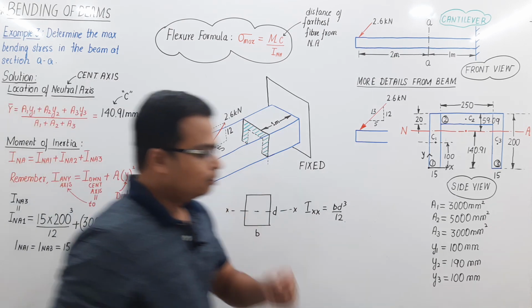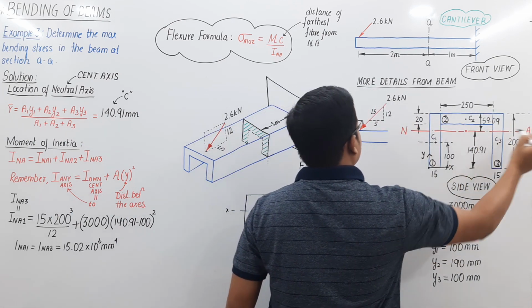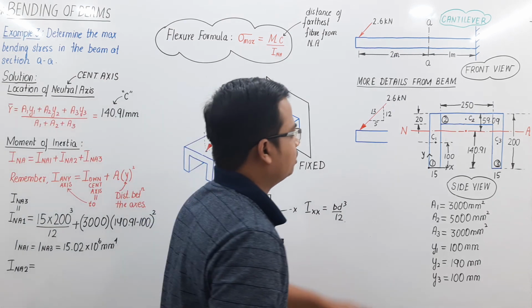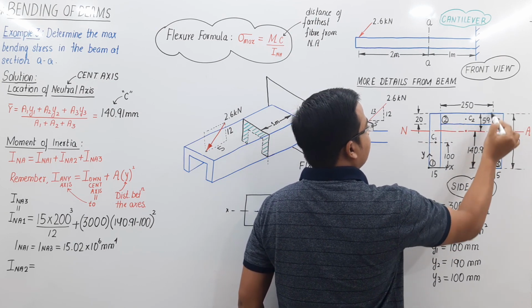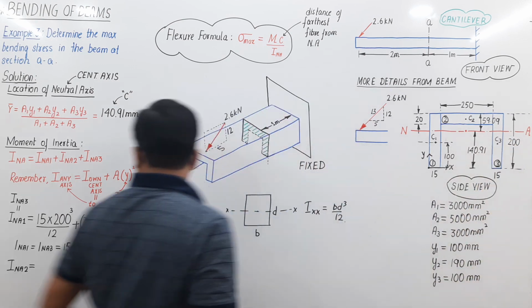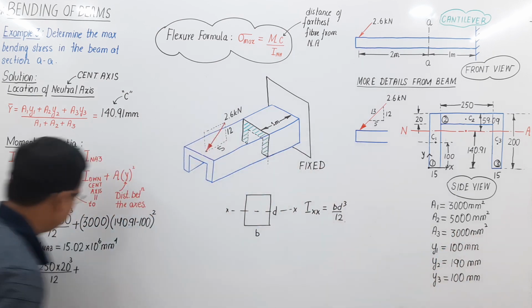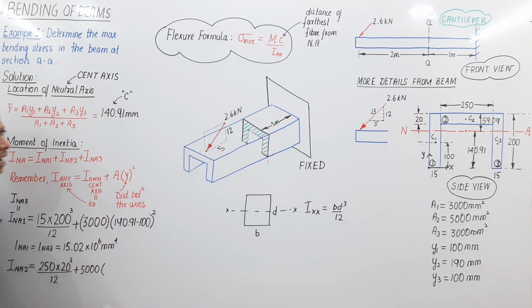Now let us work out the area moment of inertia of rectangle 2 with respect to this neutral axis. INA2 will be equal to, just take a look at this rectangle. The moment of inertia of this rectangle with respect to its own centroidal axis, B d cube, is 250 into 20 cube divided by 12, plus the area, 5000, multiplied by, again, the distance between the axes.